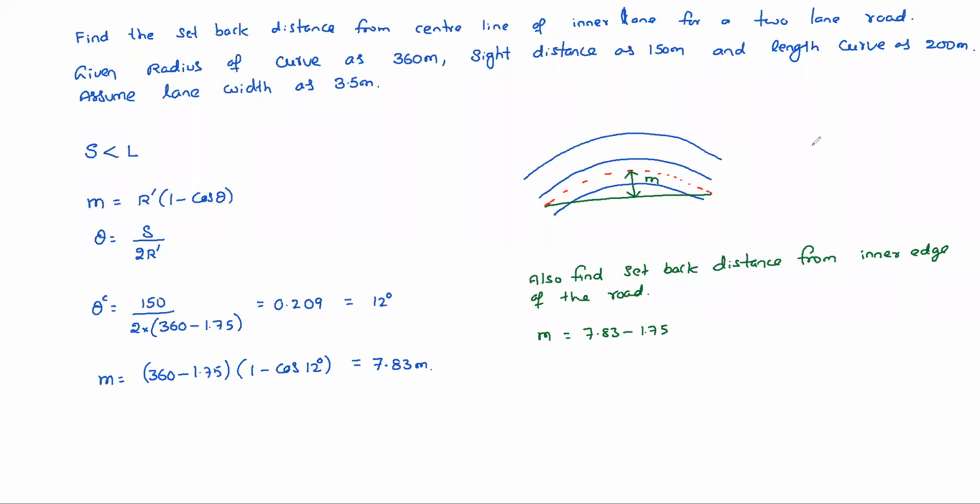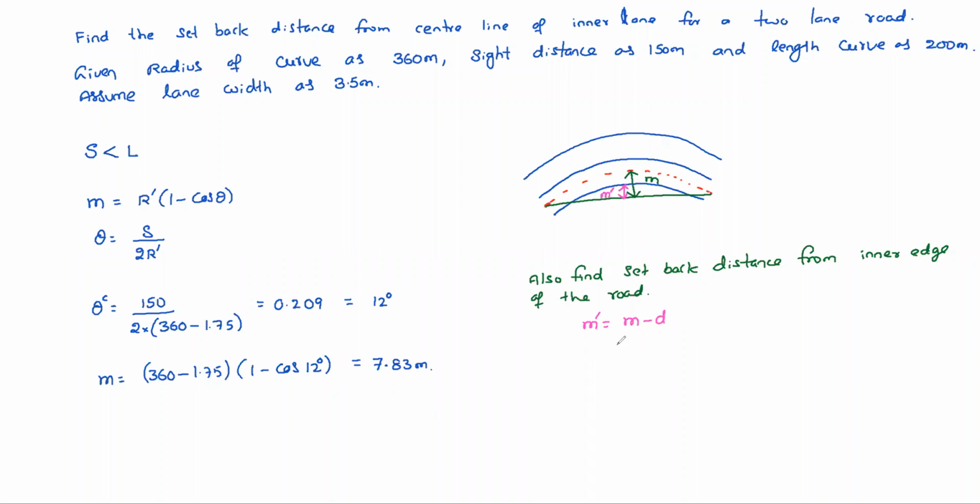From the inner edge, if you want to calculate, that means this value, this one. Okay. So let us assume it is M'. So M' equal to M minus D, right?